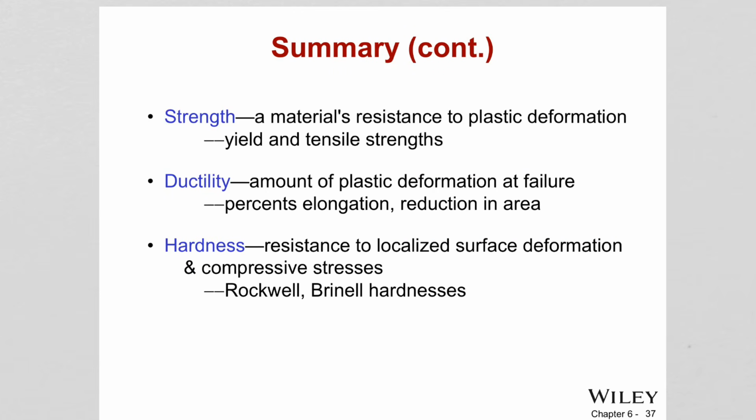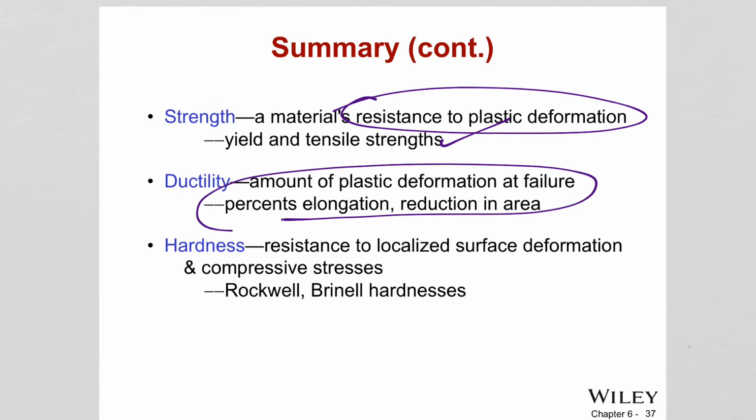Strength was of 2 types, yield and tensile strengths. It was the material's resistance to plastic deformation. Ductility is how much we can deform the material, to what extent, until it fails. So we calculated it from percent elongation or reduction in area.